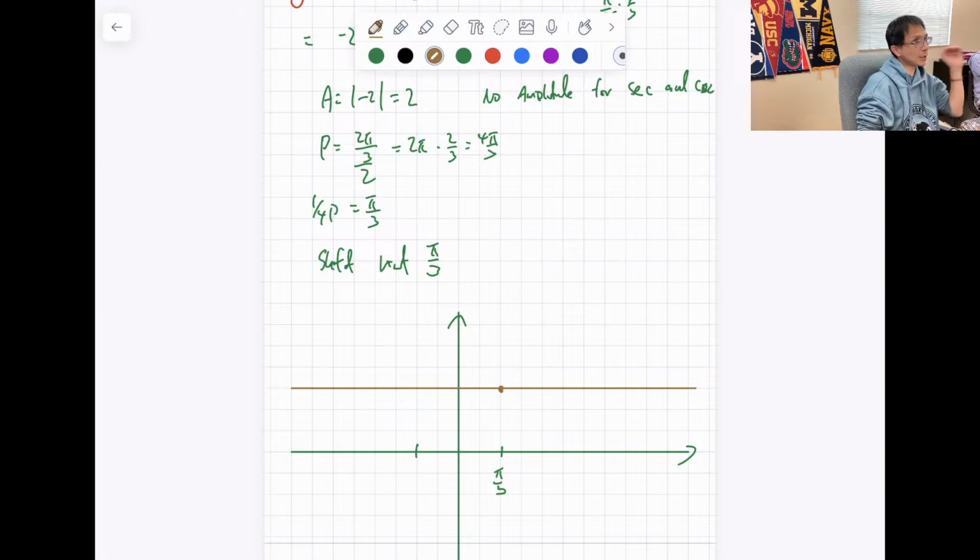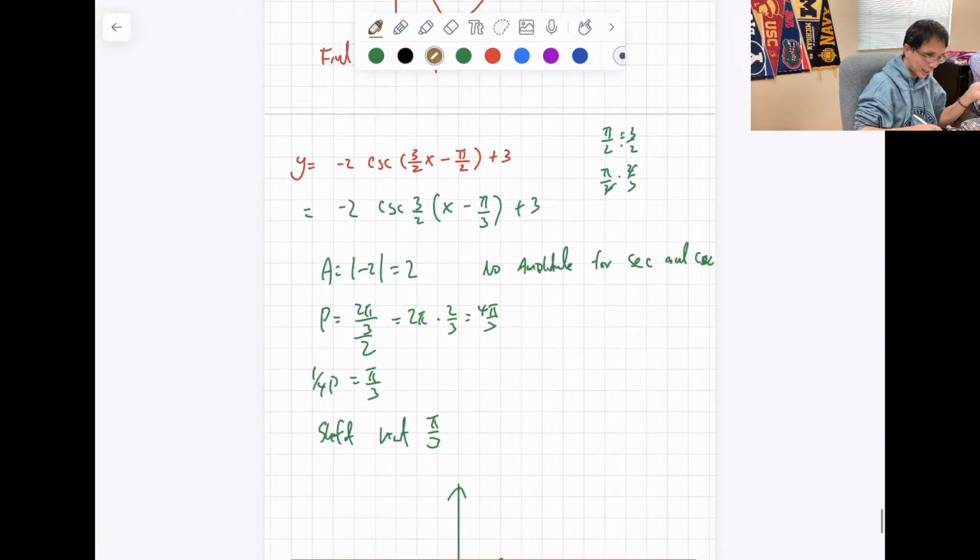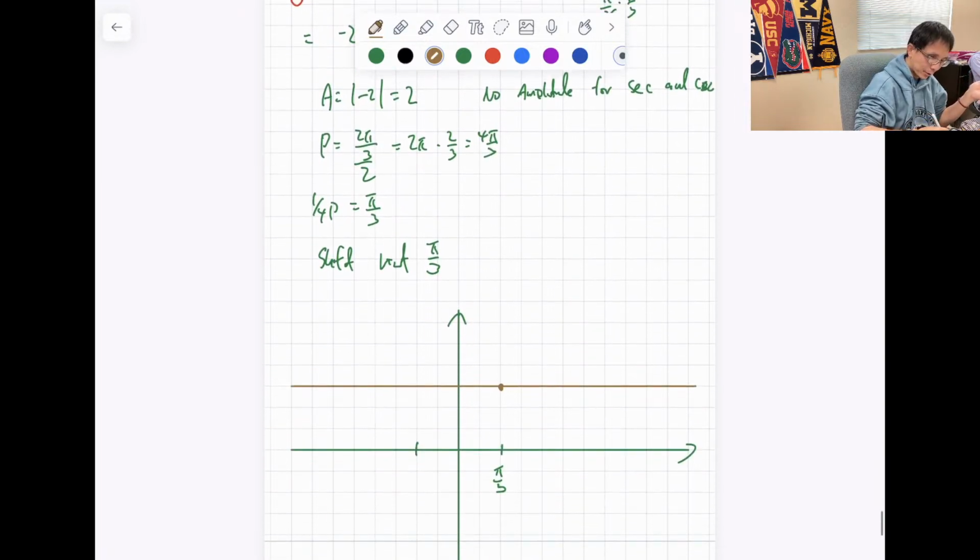But this one always starts at the midline, and the only thing you have to pay attention to is whether it's negative or positive. It's negative, so it's going to go down. Each increment is 2 pi over 3, pi, 4 pi over 3, 5 pi over 3, negative pi over 3. You can use an increment of 2 or 3, it doesn't really matter, as long as you keep it the same.